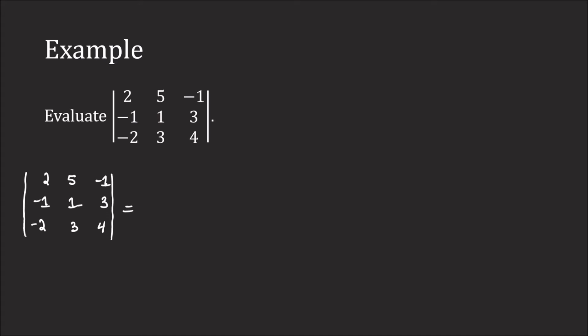So using the technique, cofactor expansion, 2 times the determinant of 1, 3, 3, 4. Notice all I did here was there's the 2. So I crossed that out, and that's what I'm left with.